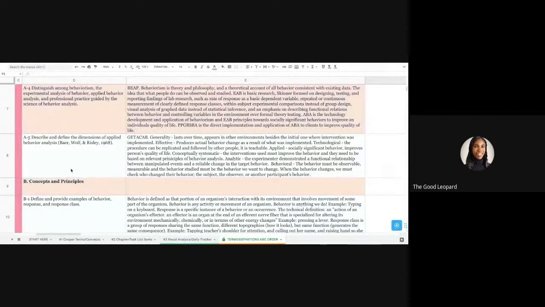The interventions used must improve the behavior, and they need to be based on relevant principles of behavior analysis. If what you're doing is not evidence-based, if it is not based on behaviorism or relevant principles, it is not conceptually systematic. Think about the word concept.